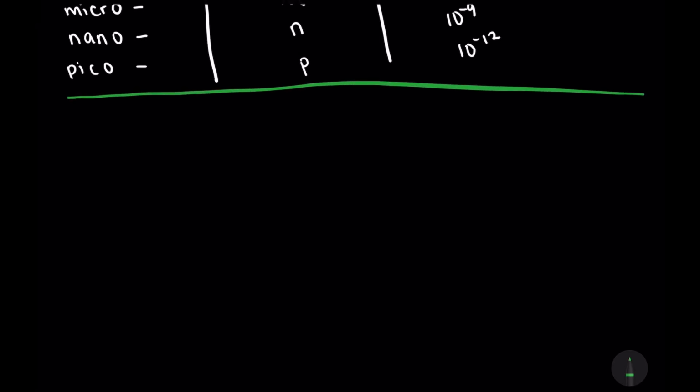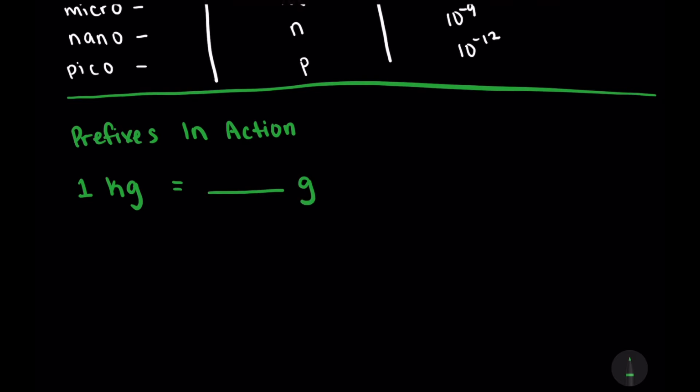So let me just section this off, and let's say that we're calling this our prefixes in action, right? So let's say we wanted to look at 1 kilogram, but we wanted to represent it as a gram.